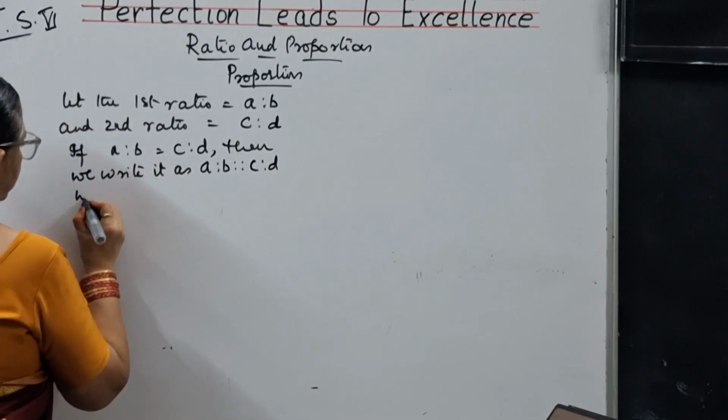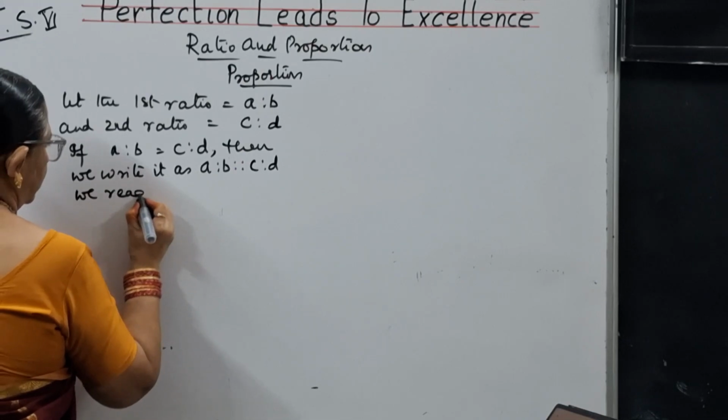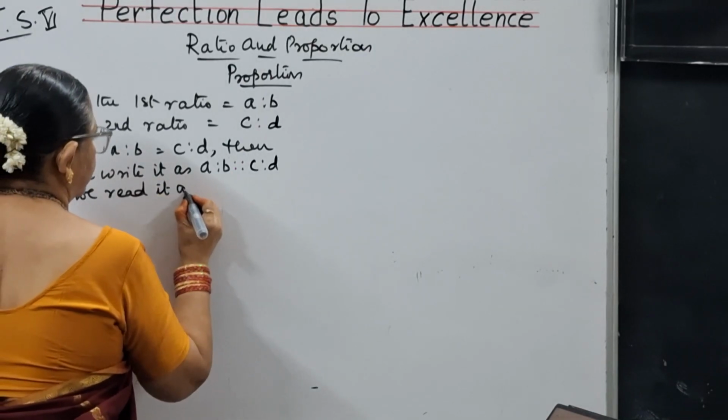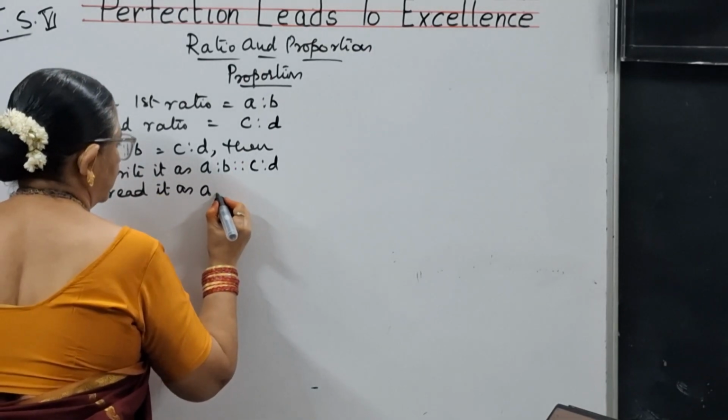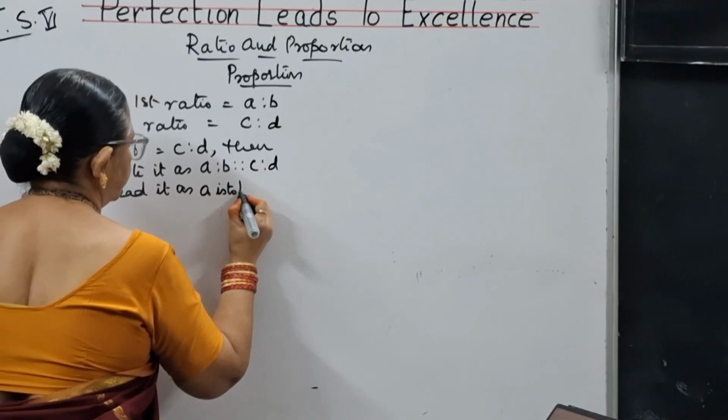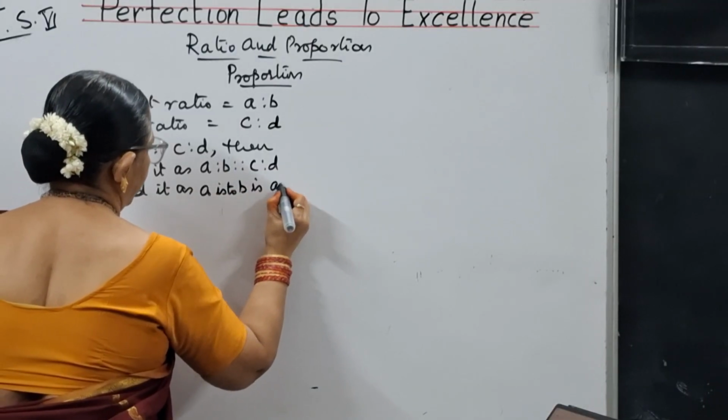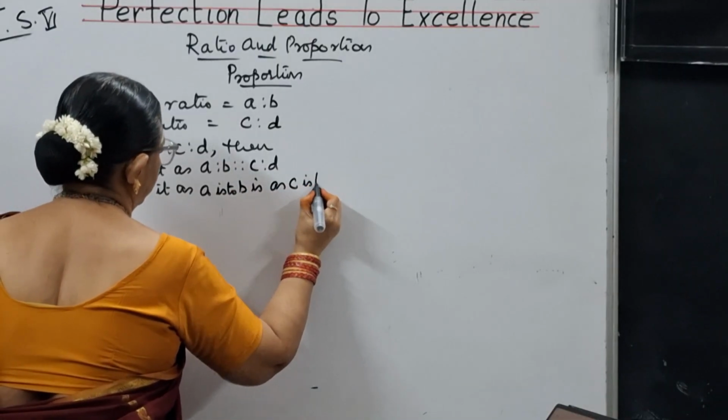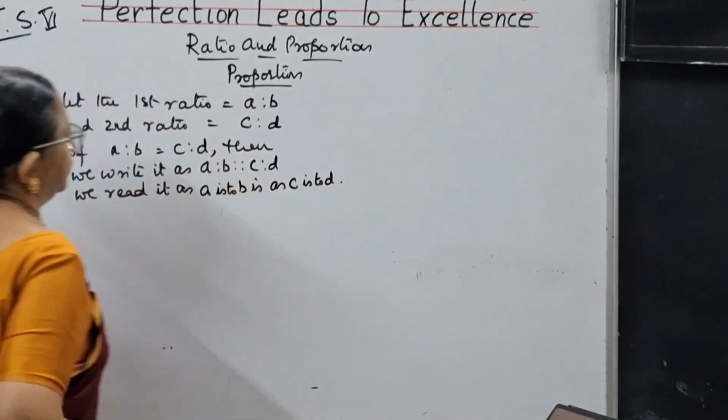How will you call? We read it as A is to B is as C is to D.